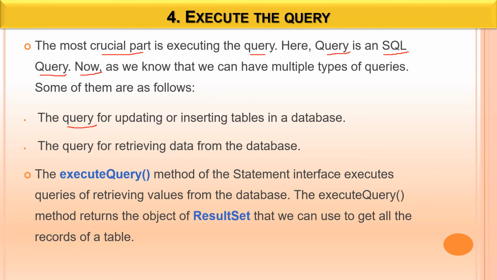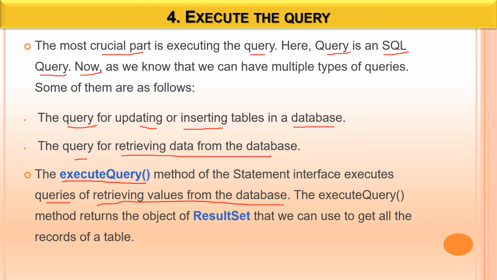The query for updating or inserting into the tables in the database, and the query for retrieving data from the database. The executeQuery method of the Statement interface will execute the queries for retrieving values from the database.